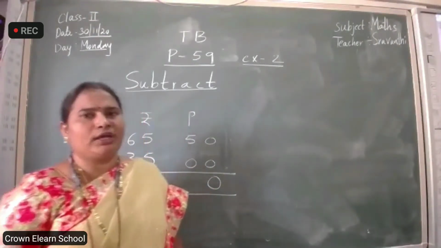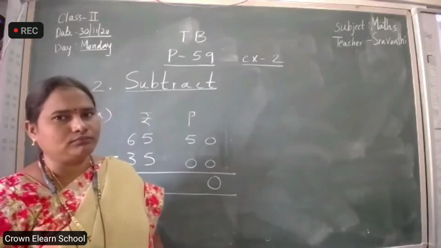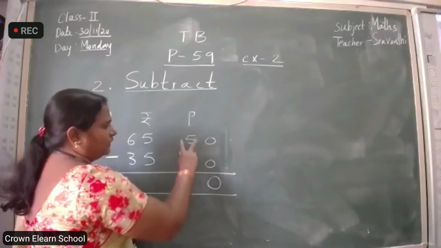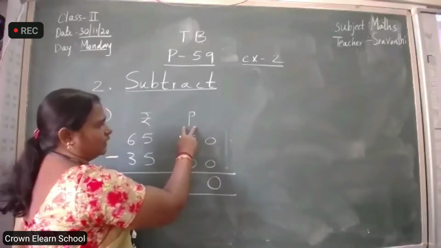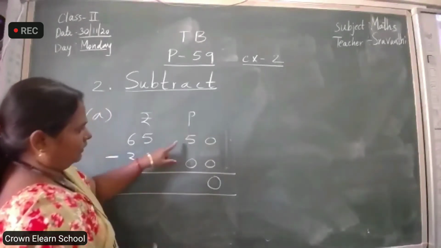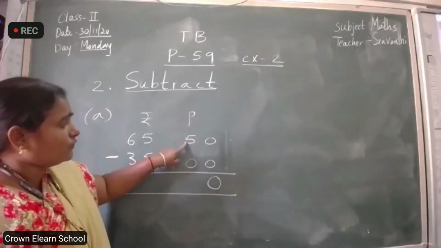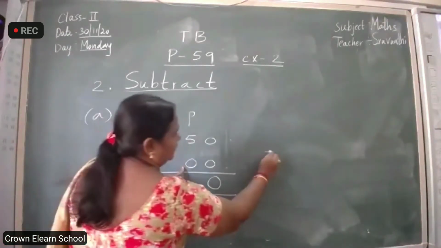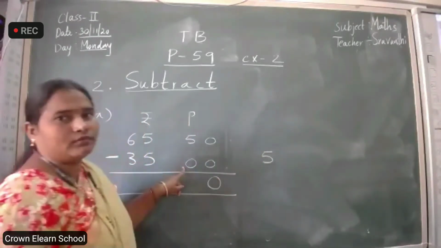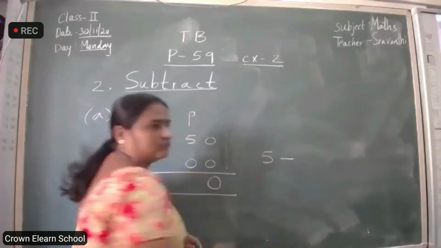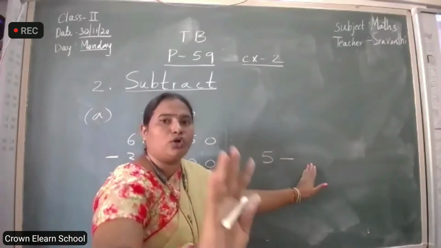Are you following? Okay. Now let us go to the tens column. Tens place in the paise column. What are the digits? 5, 0. What are we doing? Subtracting. So minus symbol. You know what I am writing this side? You don't write in the textbook.